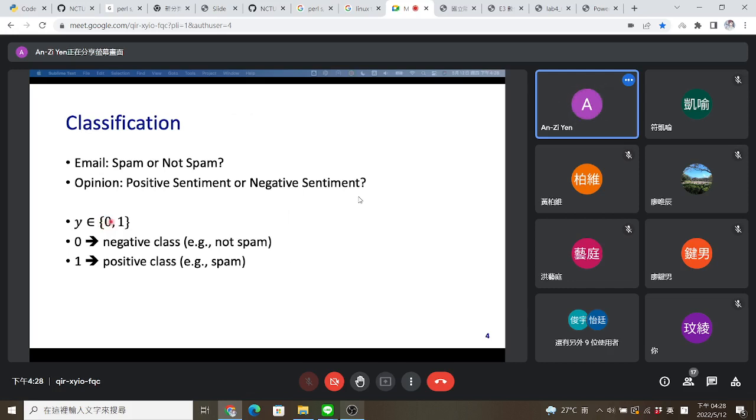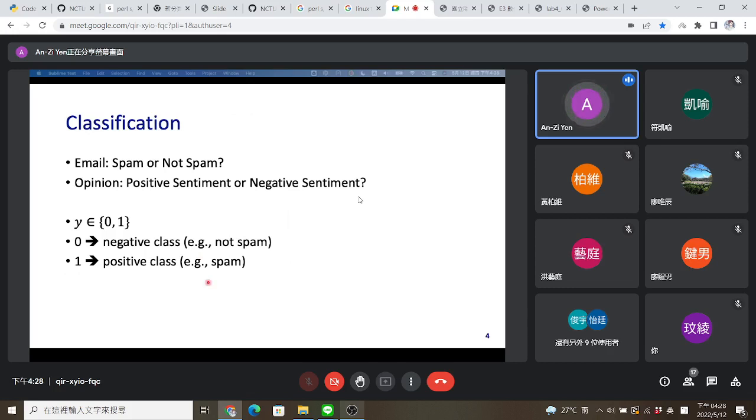Okay. And another name for the class we denote with zero is the negative class, like not spam, and when y equals one, another name for this class that we denote with one is the positive class. So for example, zero is not spam and one is defined as spam.